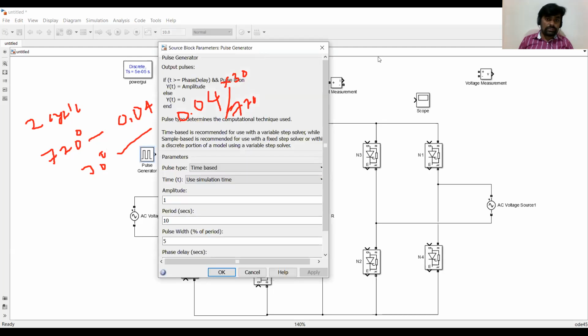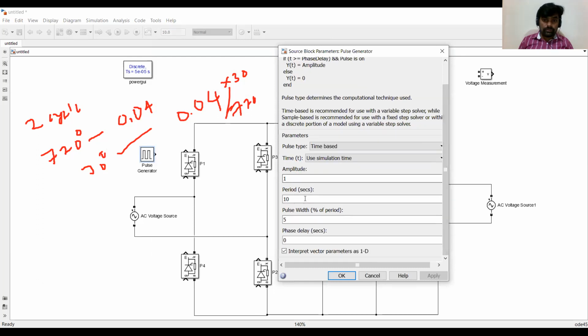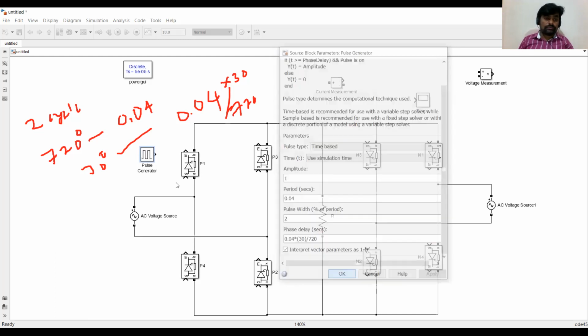So now the same value I am going to keep here. The pulse width, it is 0.04. The pulse width percentage is 2. Now here it is 0.04 into 30 degrees, right? Let me take the bracket here, divided by 720 degrees, because this is for 2 cycles.